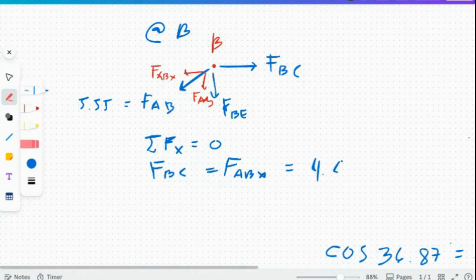Remember the 4.4? We could also solve that again by using 5.55 cosine 36.87, the angle that we solved earlier. So this one is 4.44 kilonewtons. That's the tension.